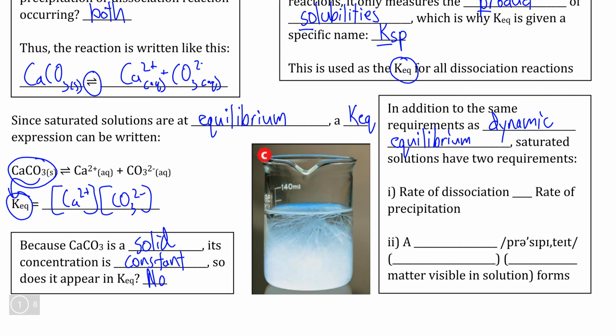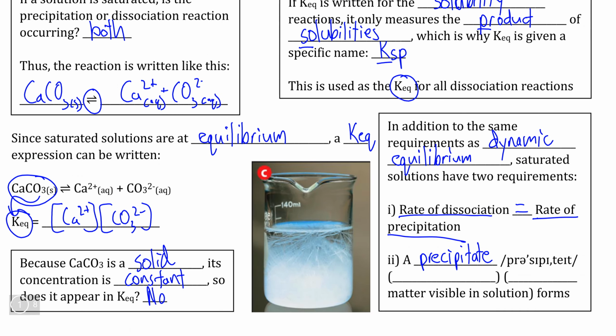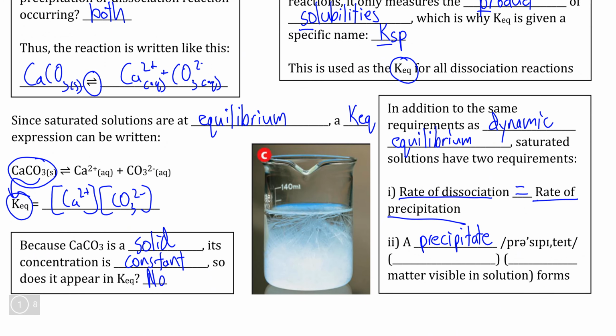In the next video, we'll look at how to use this in calculations, but for now, remember we're looking at how this is an application of equilibrium, and that means that we can look at the requirements for forming a saturated solution. So in addition to the same requirements as dynamic equilibrium, that being concentration of products and reactants are both constant, no macroscopic changes, etc., we can list off these definitions as an expansion to that.